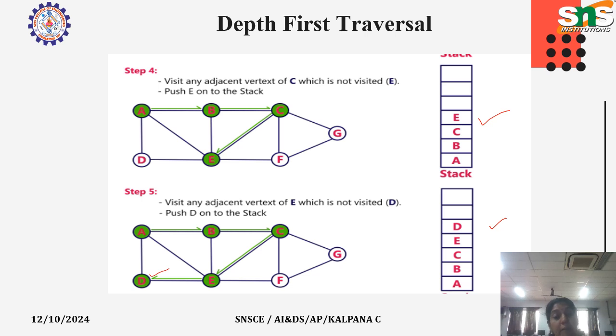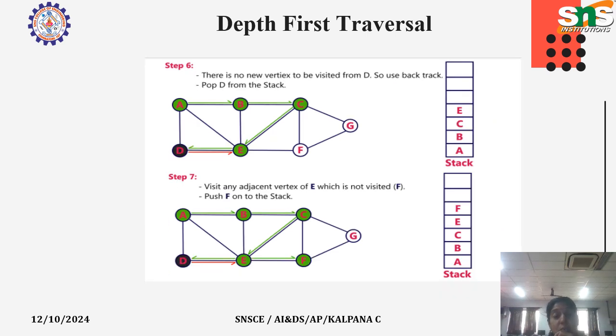Then, D's adjacent vertices are A and E. Here there is no new vertex to be visited from D, since E is already inserted and A is also visited. There is no other node to visit, so what do we have to do?